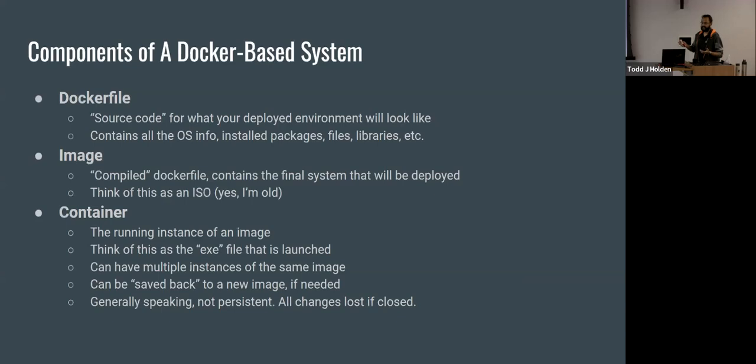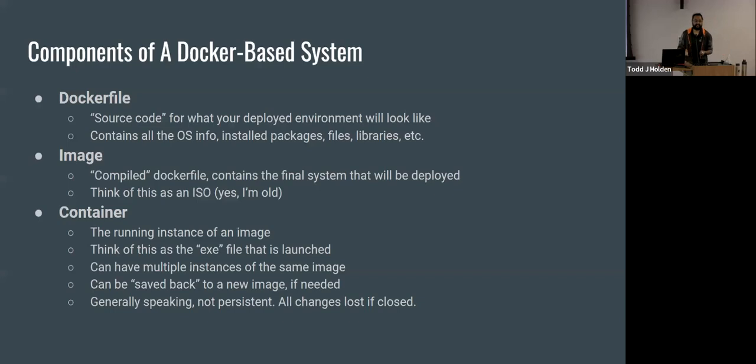It doesn't do anything. You then take that Docker file and you compile it using Docker build into an image, which contains the final system that's going to be deployed. I don't know how many of you are old enough to know about ISOs, but when you legally obtain an ISO at some point and then you try to run it, that's what an image is.